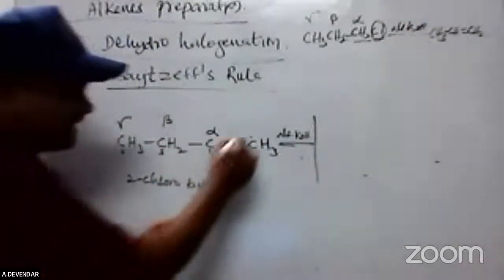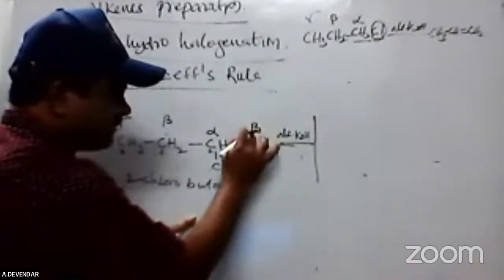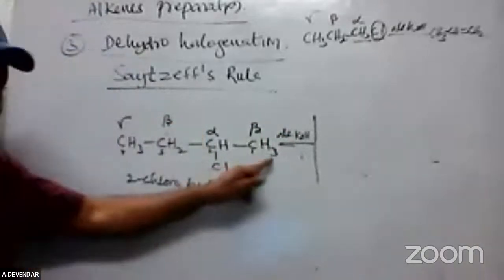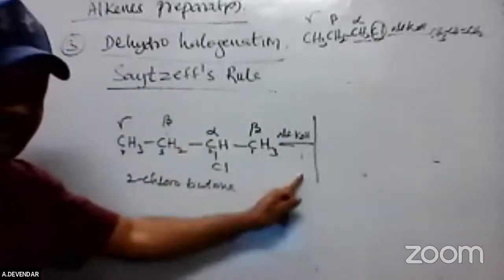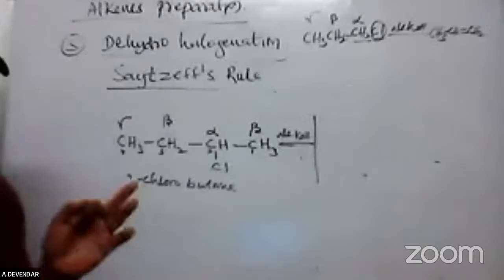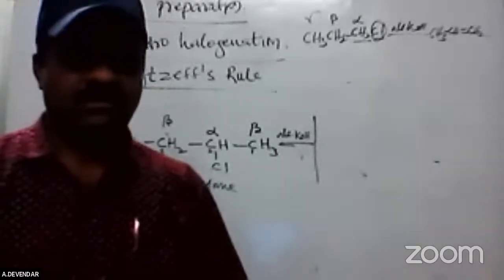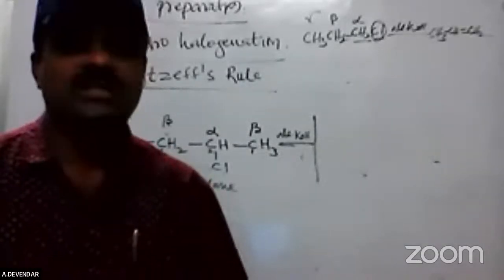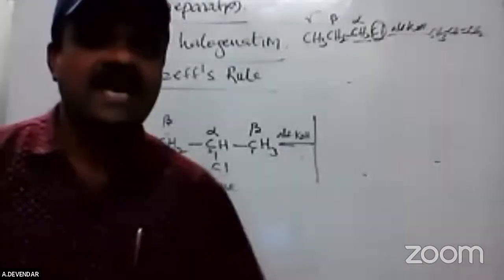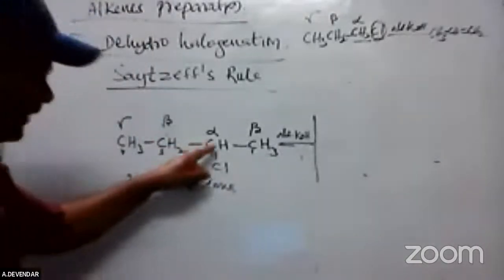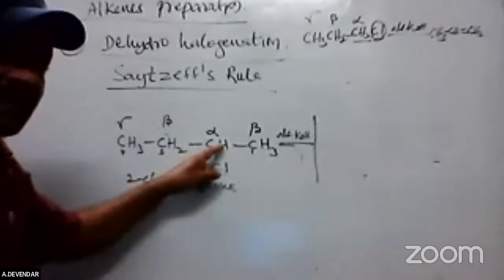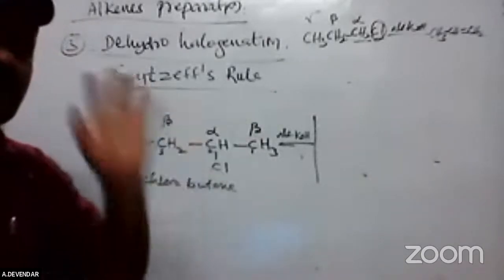But here there is an alternative beta carbon, on this side and on this side. If an alternative beta carbon is available, dehydrohalogenation takes place. Saytzeff says the beta carbon having the least number of hydrogen atoms.